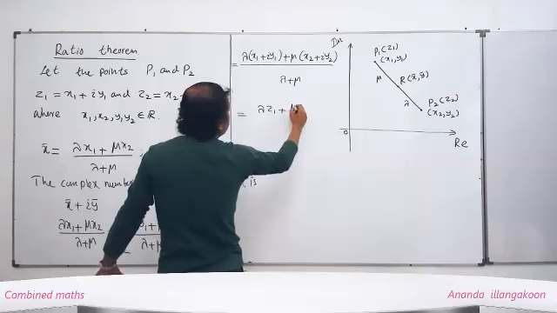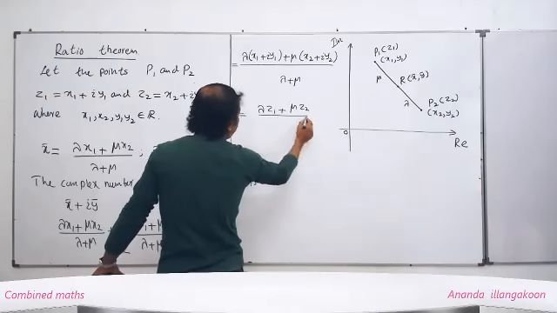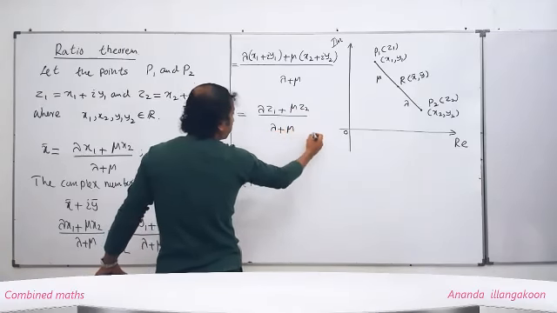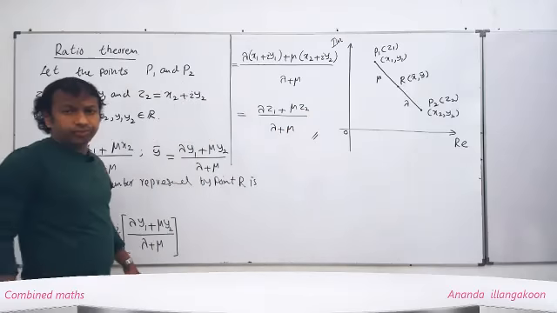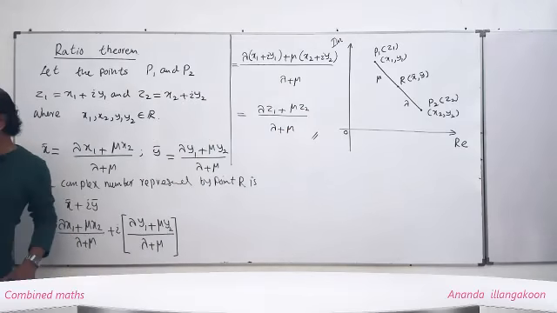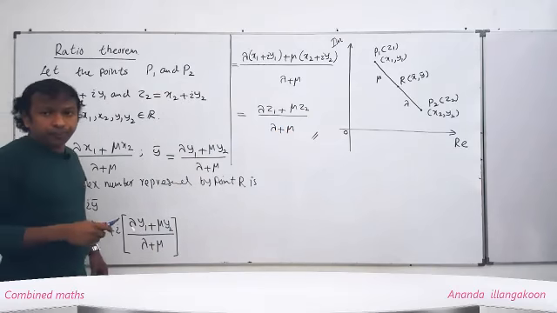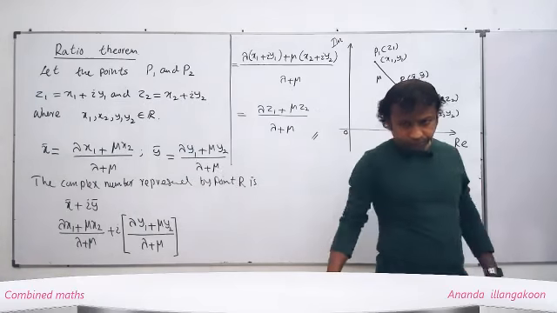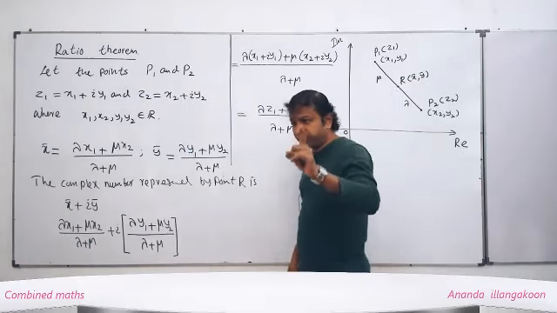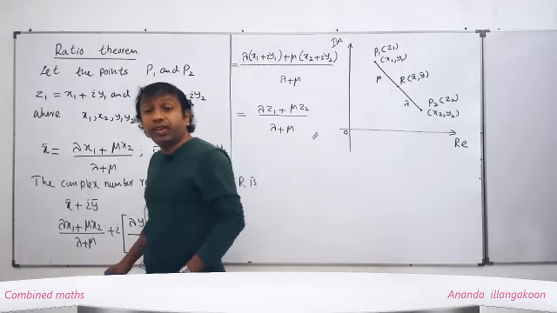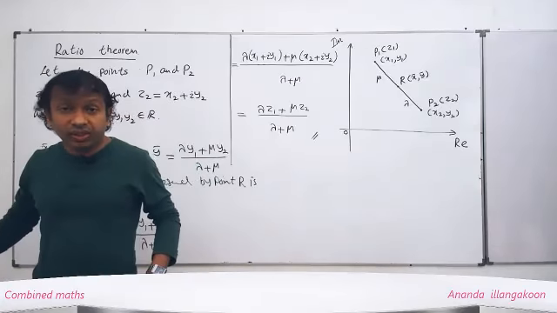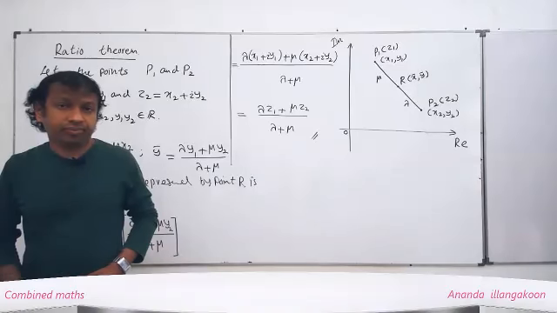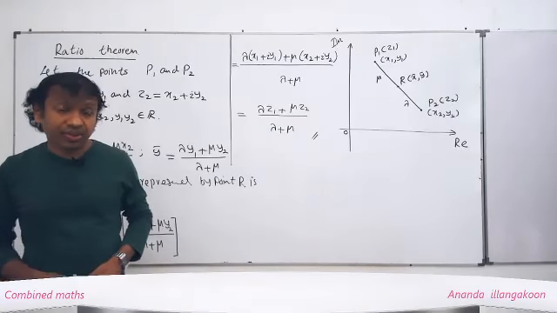This is Z2. Divided by lambda plus mu. This is the complex number represented by the point R. All right. So then people understand first thing what? Whenever we use an Argand diagram, the coordinate geometry knowledge we use. Understand?